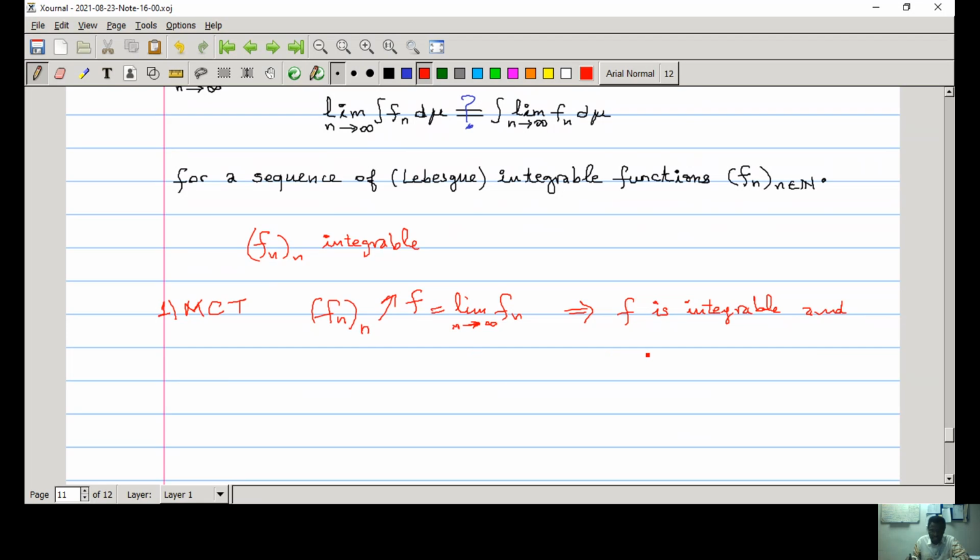So what is the integral of f(x) d mu? What is this? It is exactly equal to the limit of this.